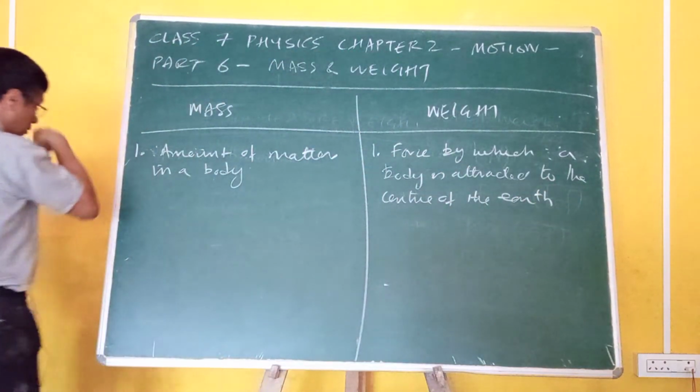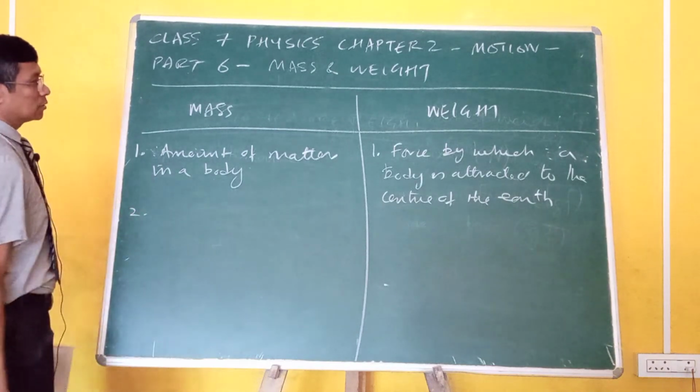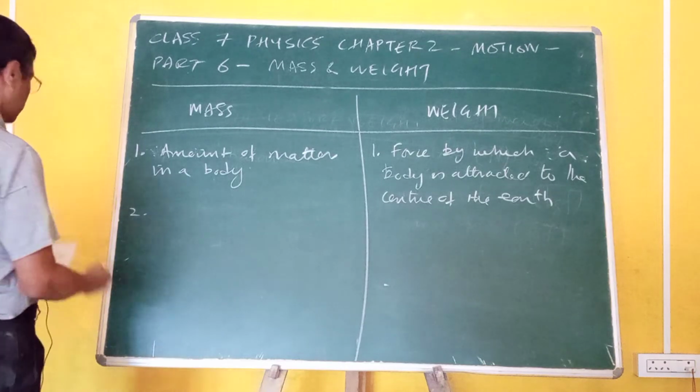So this is the first difference. Mass is the amount of matter contained in a body by definition, and weight is the force by which the body is attracted to the center of the earth.